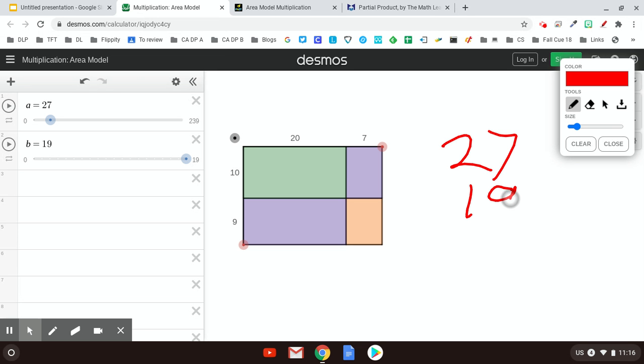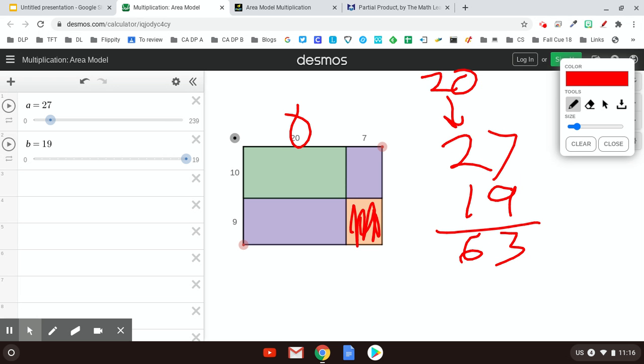27 times 19, when I'm doing 7 times 9, remember that's this part right here. So that's 63. When I'm doing this 2, we have to remember that's 2 tens, that's 20. So 20 times 9 is this part right here, and that's 180.